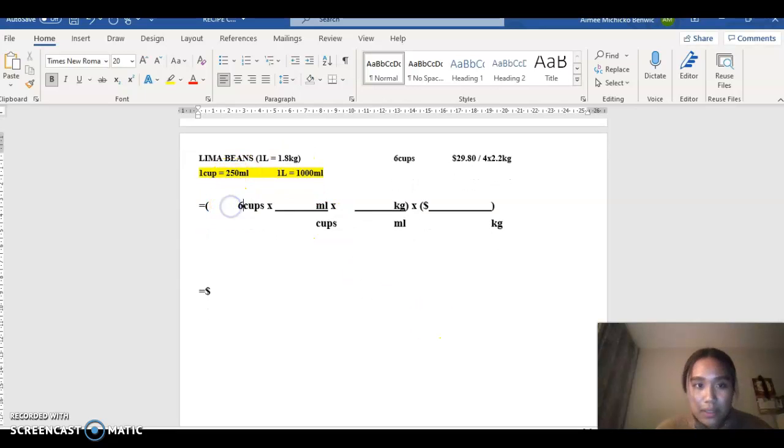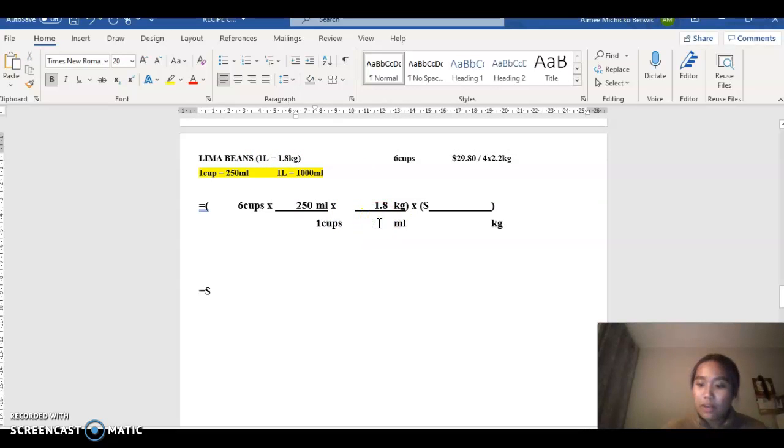So for the next recipe, the ingredients, the Lima beans. We have 6 cups here, and in 1 cup there's 250 ml, and we have to go to kilograms. So we have to use the 1.8 kilograms per liter, but here we have ml, so we have to convert the liter into milliliters.